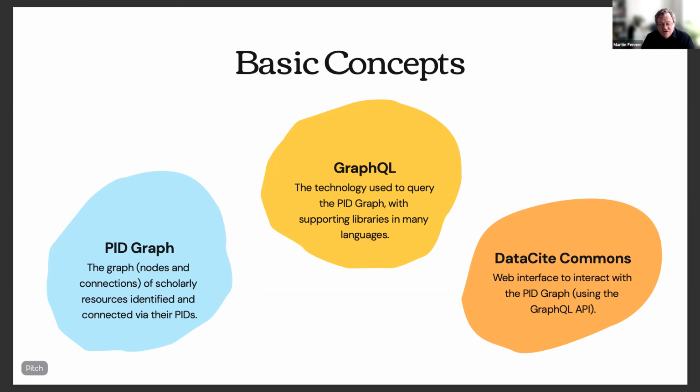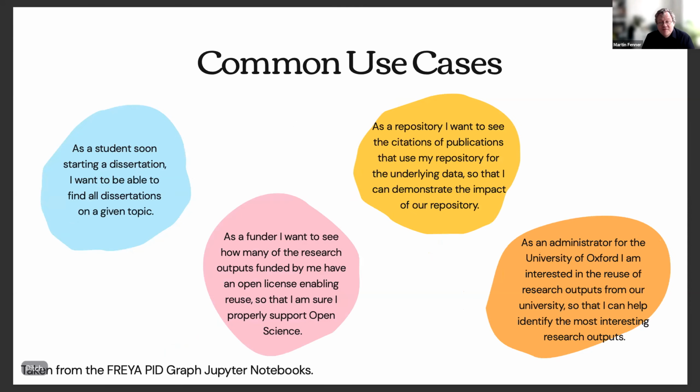So just so much. You can also just say, I don't care. I want to go to a website and use a search interface. And PID graph is sort of the concept, if you will, that's driving all this, as Simon explained. To give a presentation on this in 15 minutes is not easy, because the FREYA project spent 3 years on this, and we have, of course, spent more time on this since November.